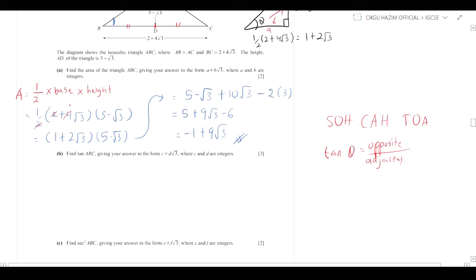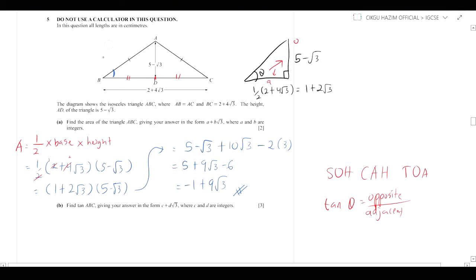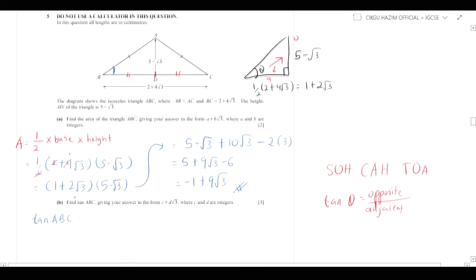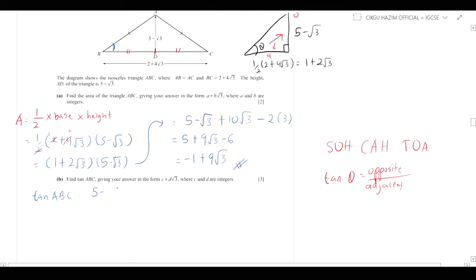So we apply that. Tangent ABC equals the opposite, 5 minus root 3, over the adjacent, which we already divided by 2, and is going to be 1 plus 2 root 3.